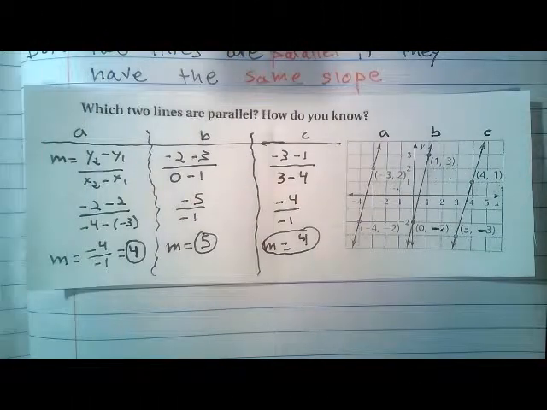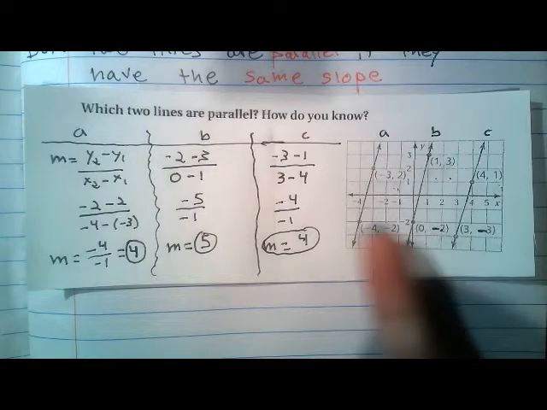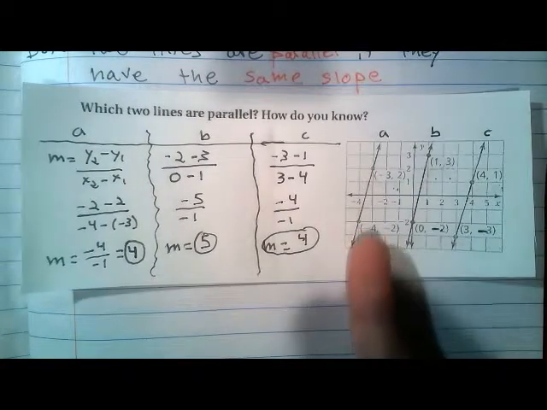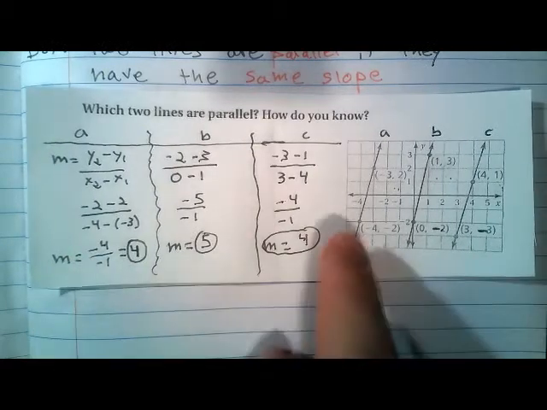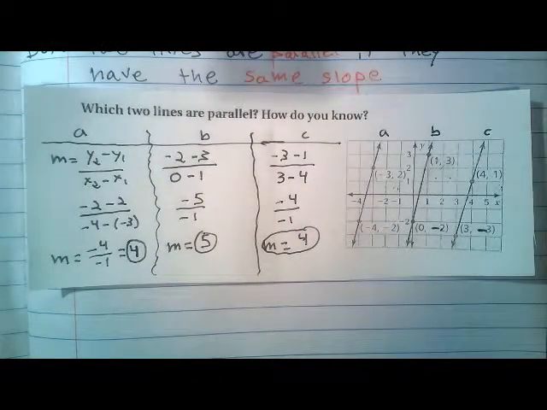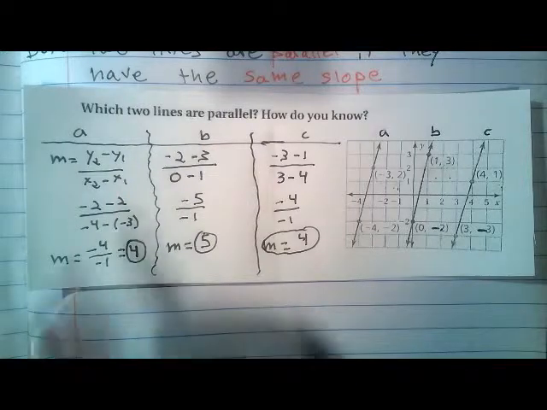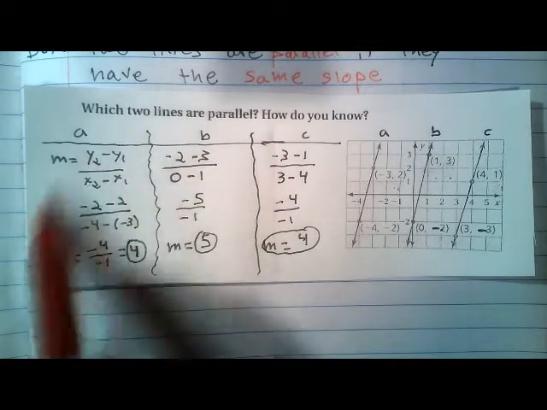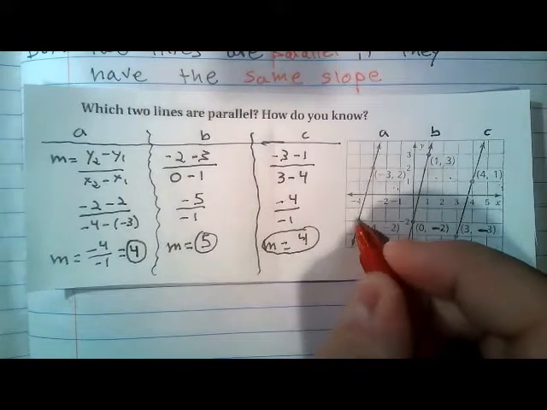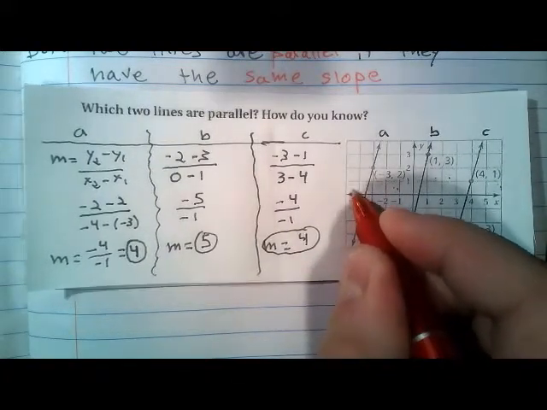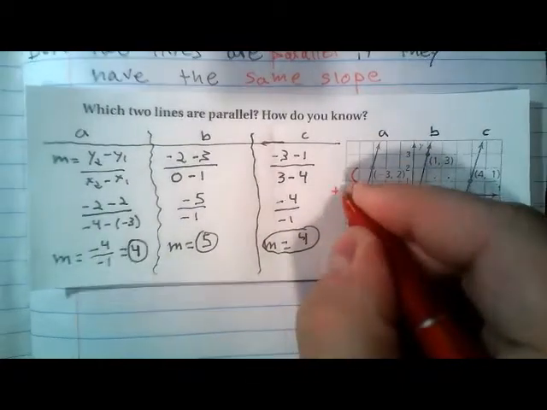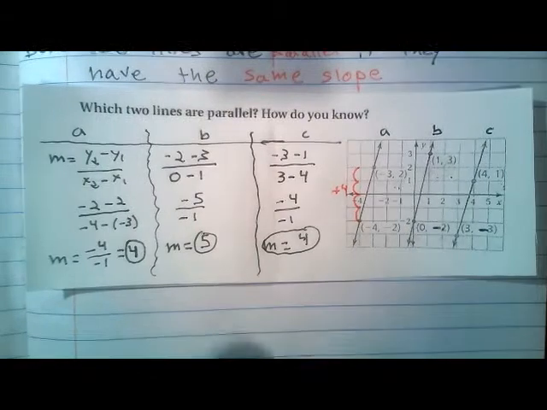Now, some of you might be wondering, well, I have these graphs here, and yes, I have the points, and yes, I can use my formula, but wouldn't it be easier to just count? And the answer is yes, it would absolutely be easier to count. The reason I did it this way is so you get more practice with using the slope formula. But if we count up 1, up 2, up 3, up 4, right, when we go up, it's a positive direction, 4.